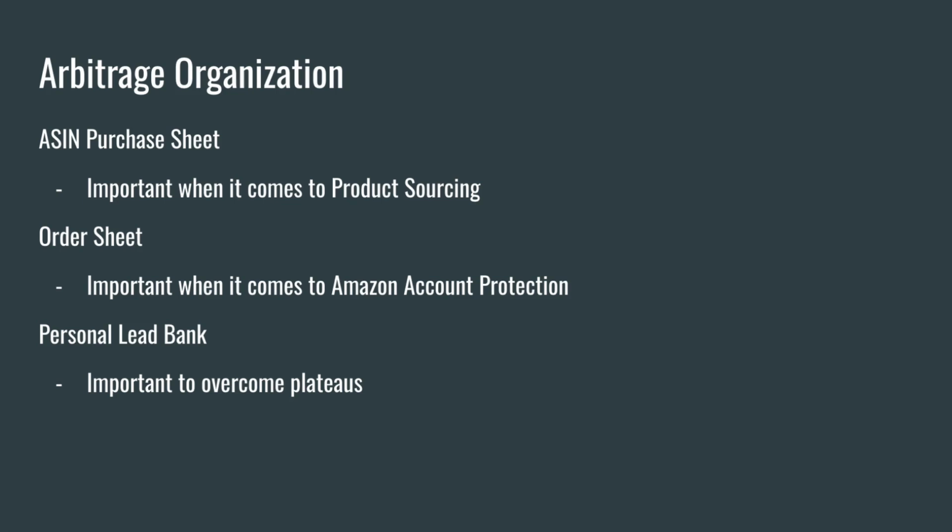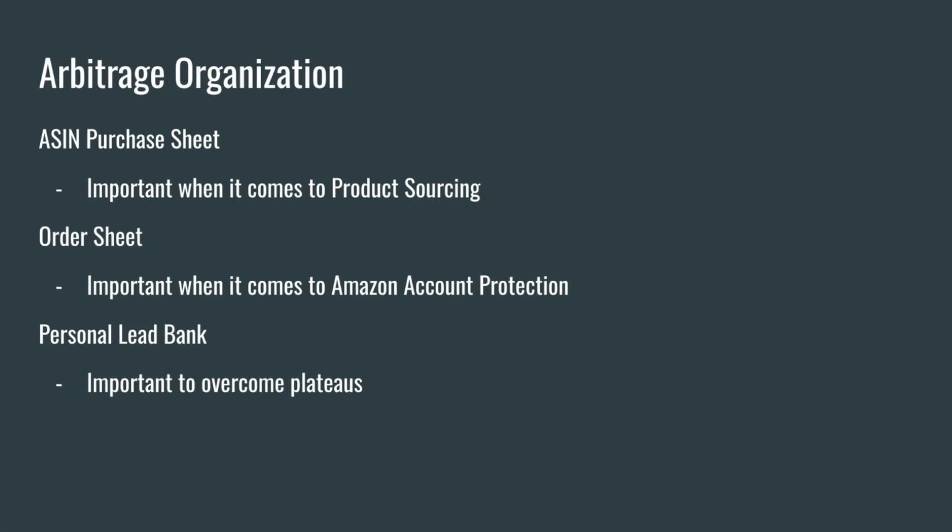Another section that you can add to this personal lead bank is potential products. So products that weren't quite close enough for you to source. They look like great products. Keepa was great, really steady, very fast mover. It looks like it would be a great opportunity. If you only had 5, 10, 15% off more on this product, you would be able to source it.